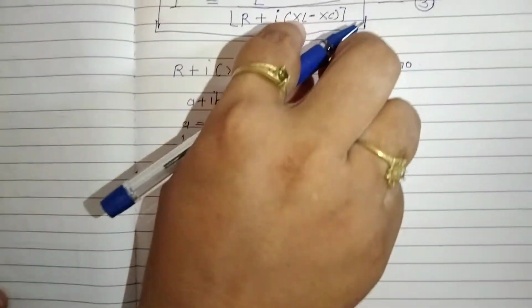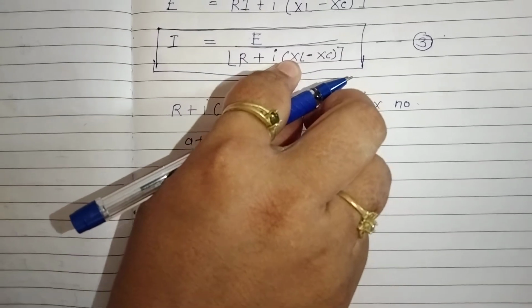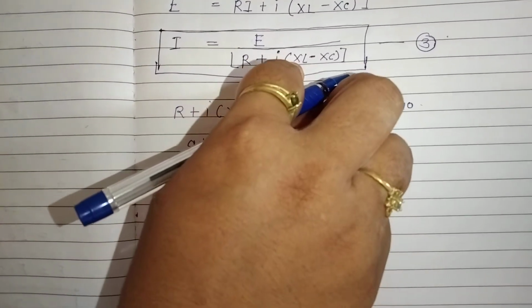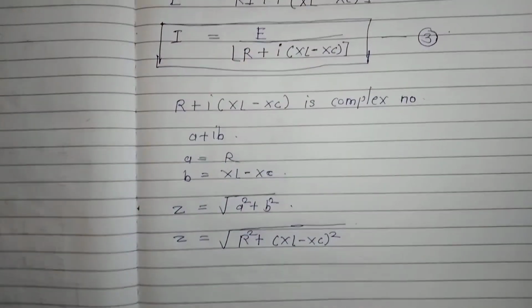Multiplying and dividing by R minus i(XL minus XC), because we require the Z values.